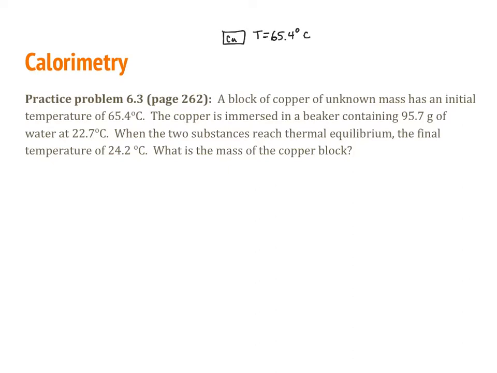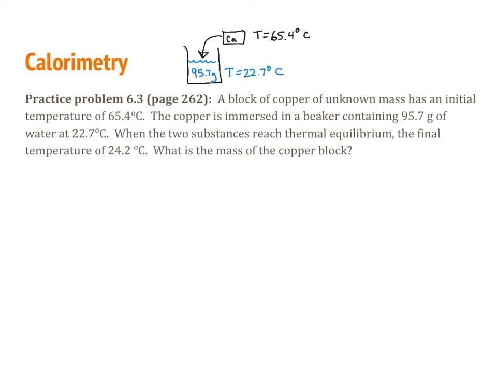And it says the copper is immersed in a beaker, so I need a beaker, and the copper is going to go into it. That beaker contains water, and it has 95.7 grams of water, and the temperature of the water is 22.7 degrees Celsius.